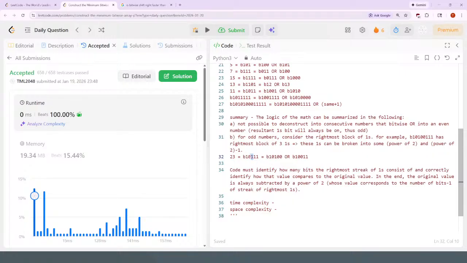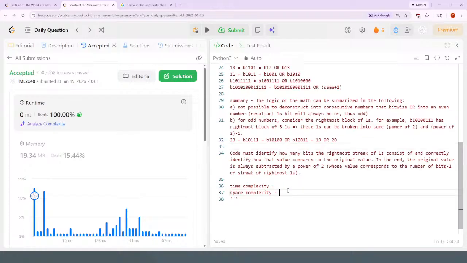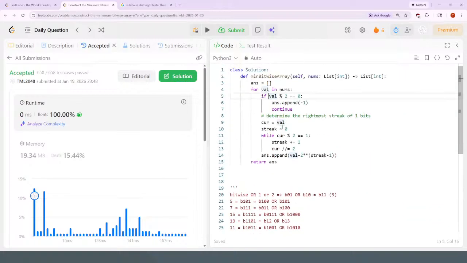So this bit is the third bit. So 2 to the power of 3 minus 1, so it's 4. So it ends up being 23 minus 4, 19 or 20. Where 19 is 16 plus 1 plus 2, 3 is 1 plus 2, 19. 20 is 16 plus 4. Anyways, yeah, and just have some logic for that.